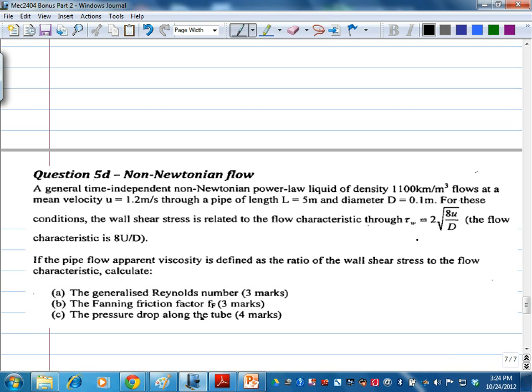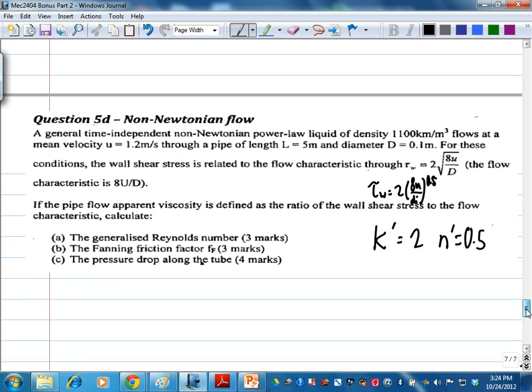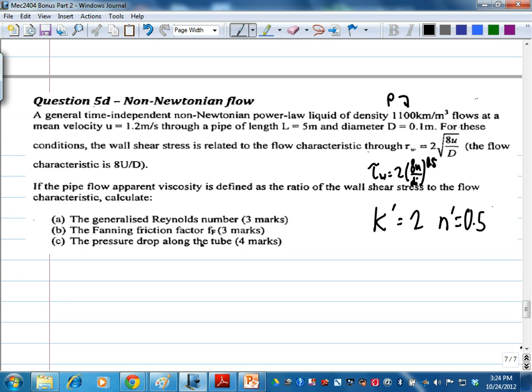Okay, so here you must know K prime is 2, N prime is 0.5. Okay or not? Alright, from there, the standard straightforward way to do it. You have density rho, U, length, diameter.